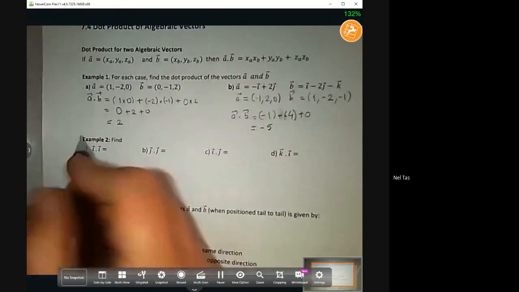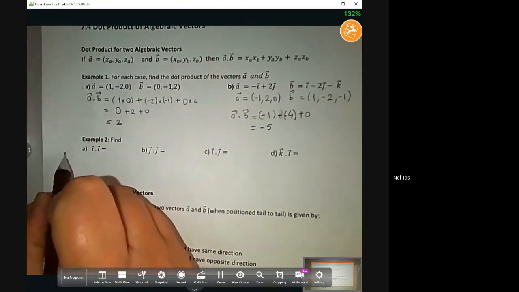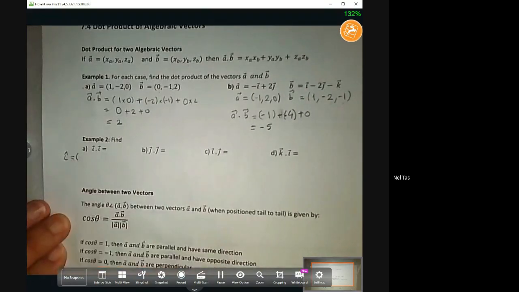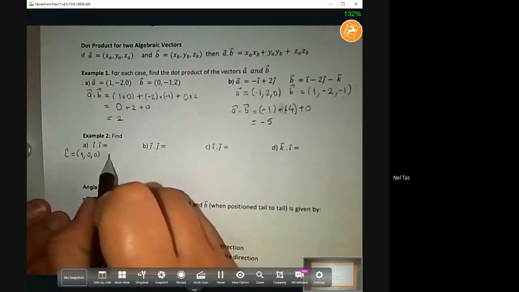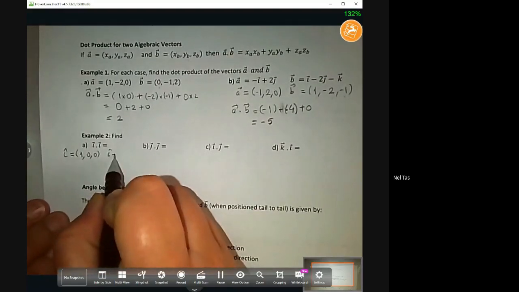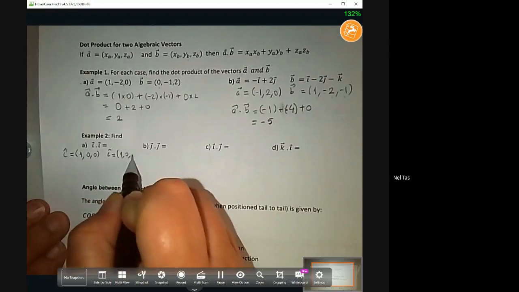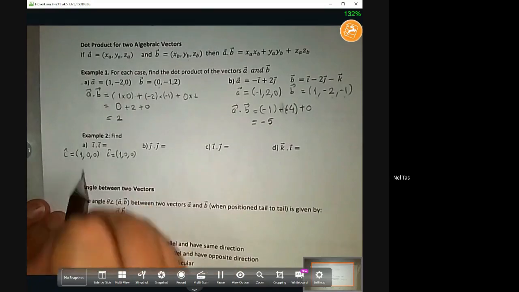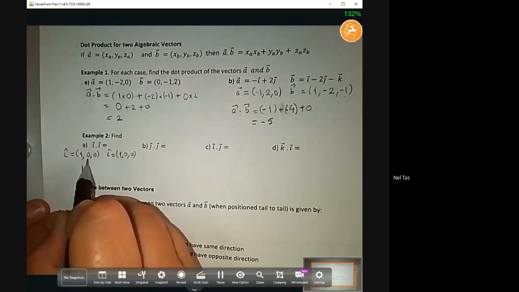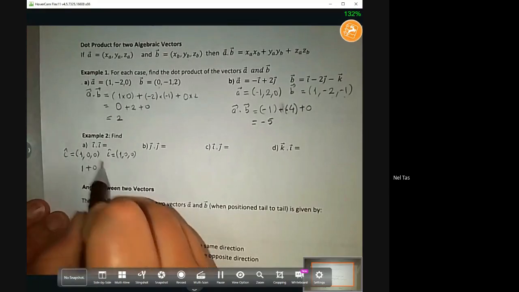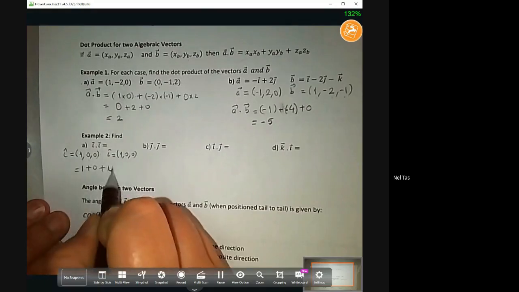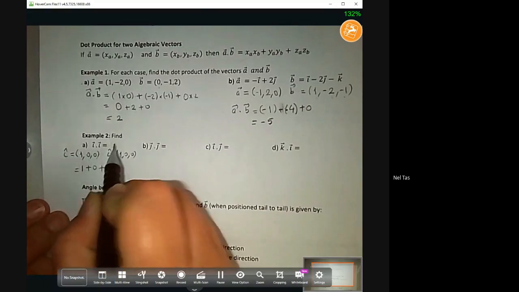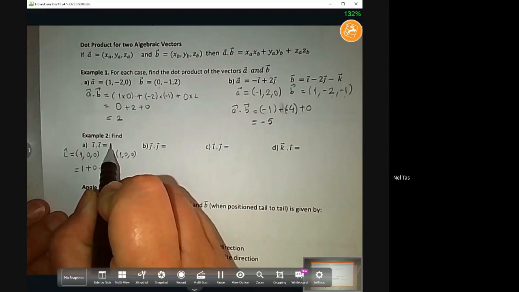So the I vector, if you want to write it with the coordinates, we learned that before, 1, 0, 0. And you are doing that product with, again, another I, 1, 0, 0. So what do you get? 1 times 1, 1. 0 times 0, 0. 0 times 0 is 0. So you end up with 1. I dot I is 1.